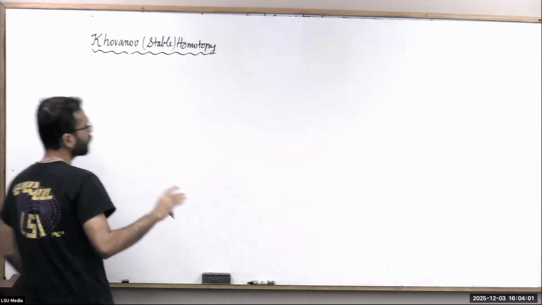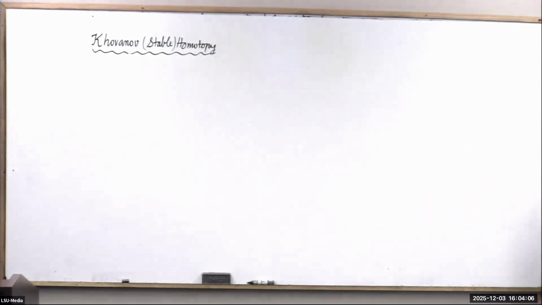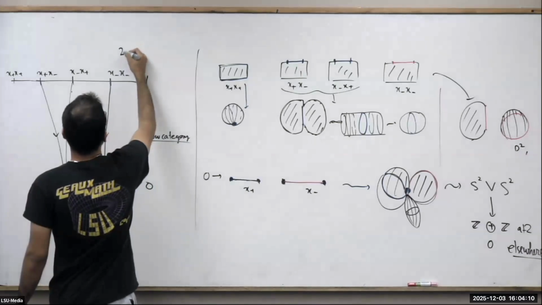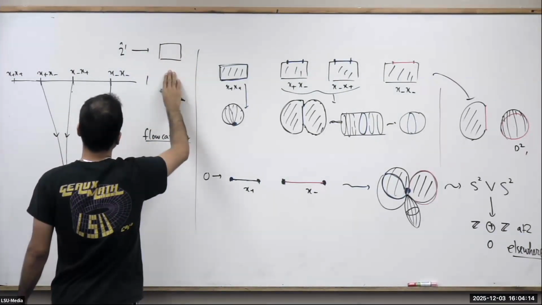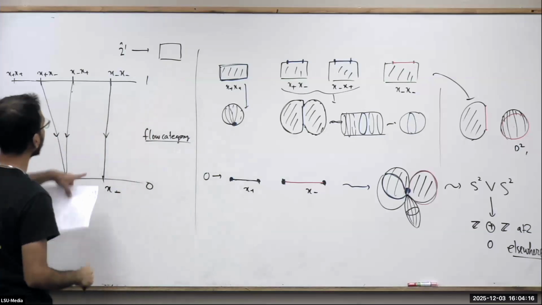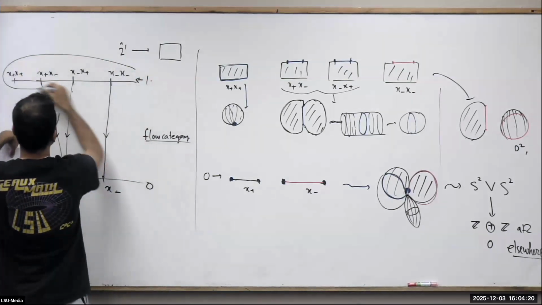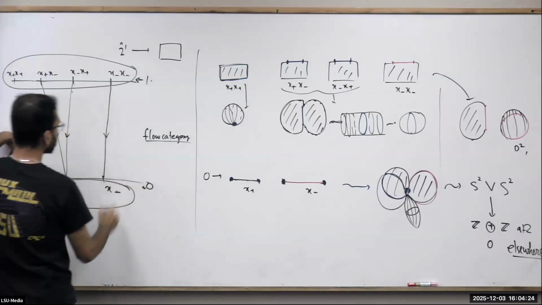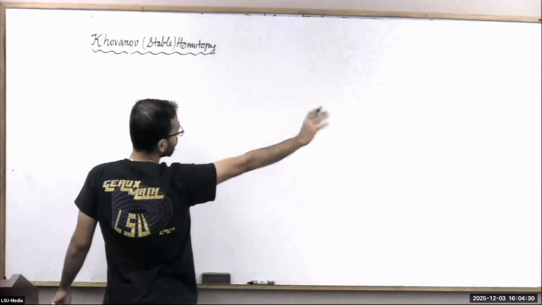What you do, instead of talking about flow categories, you think of them as functors. A functor from, in this case, 2^n to something that I am not defining yet. At the 1st level, 1 is getting mapped to all of these guys. 0 is getting mapped to all of these guys. So this is the functor you want to build, to encode that information on your right-hand side.